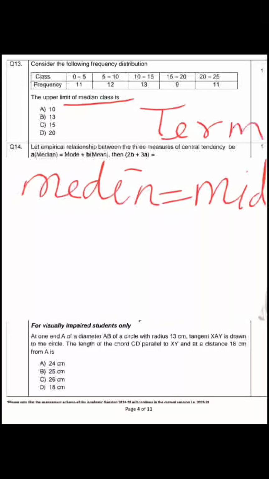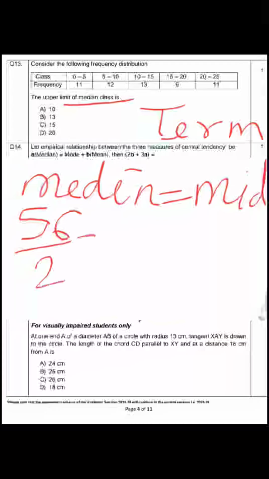So how we find here midterm? First you add all the frequencies. 11 plus 12 plus 13. 13 plus 12, 25. 11 plus 9, how much? It is 20.